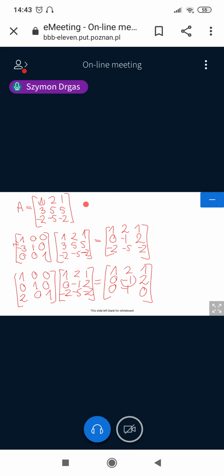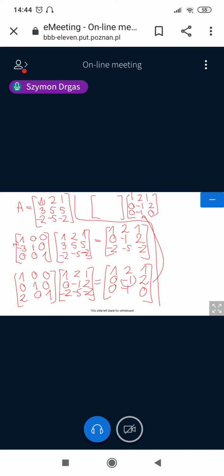So I will try to use this space here. So now I will have this empty matrix, and I will use this matrix as a starting point. So it will be 1, 2, 1, 0, -1, 2, 0, -1, 0.